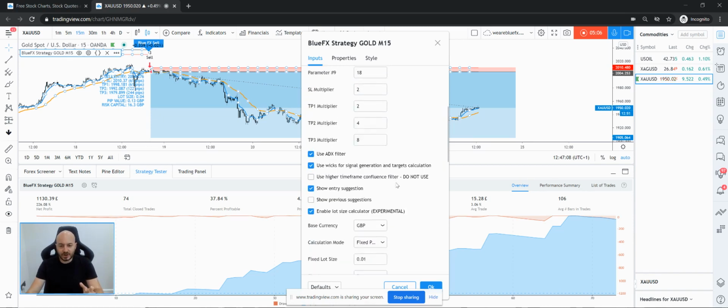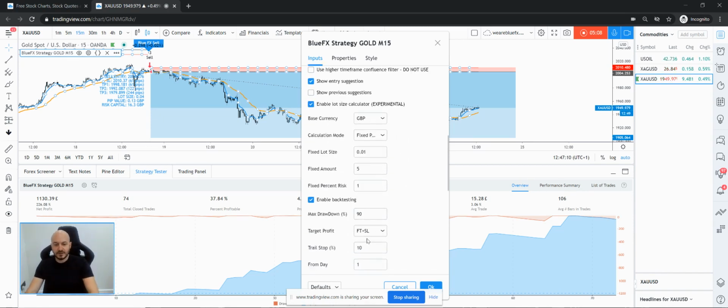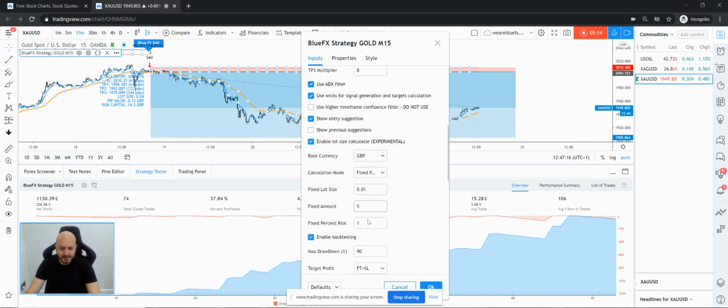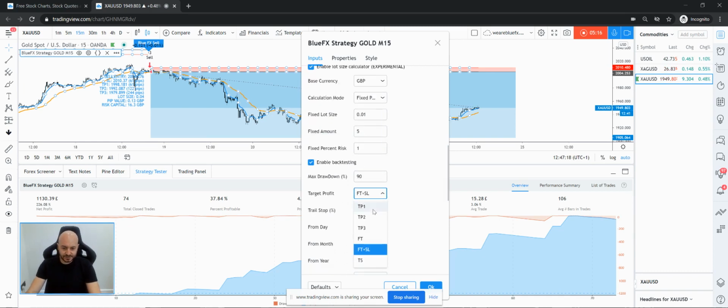So ultimately, I can tell you why I know that the FT and SL exit strategy is the most profitable. Let me show you why. So we just need to change this so we can see how, basically, two things are going to happen. We're going to change this to TP1 and our percent profitable is going to go higher because we're going to hit more winning trades.